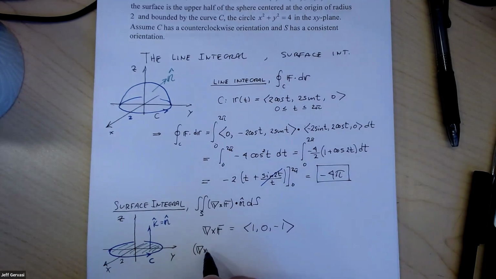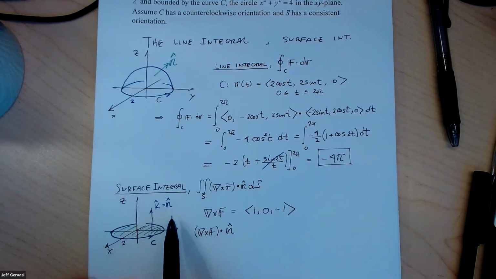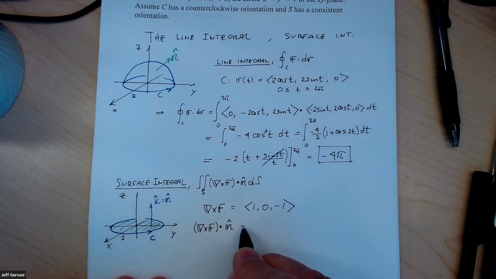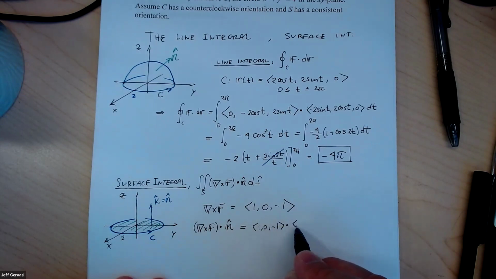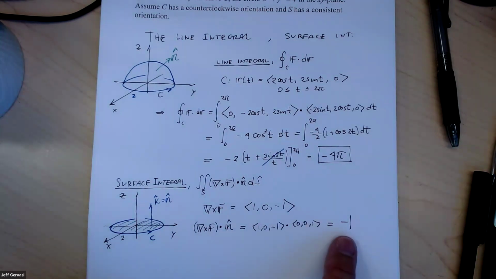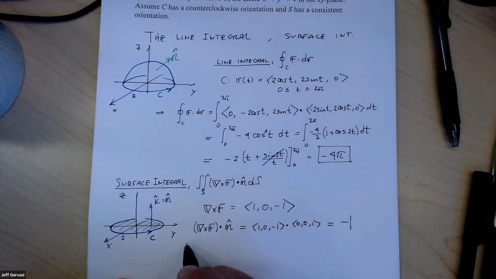And then when I take that vector field and I dot it with my unit normal vector, and remember, I'm using the unit vector k now, I'm going to get -1, which is a constant. So I'm going to stop right there and go right to my surface integral.